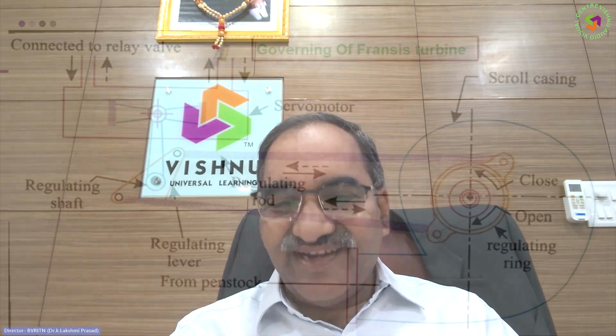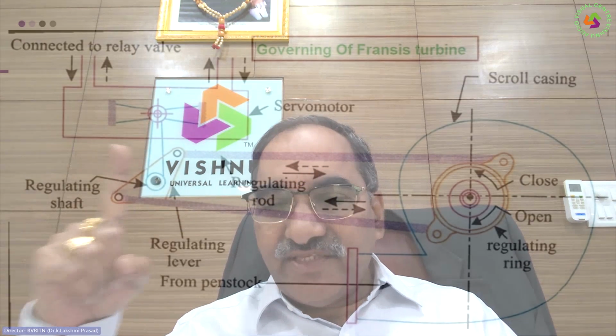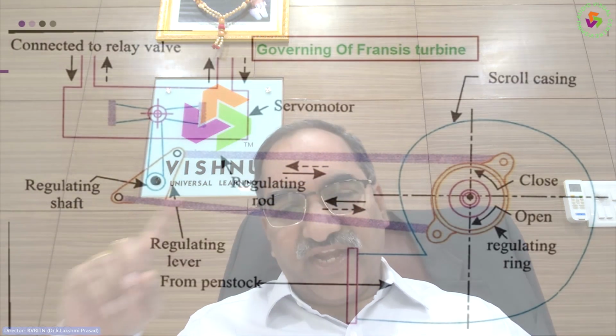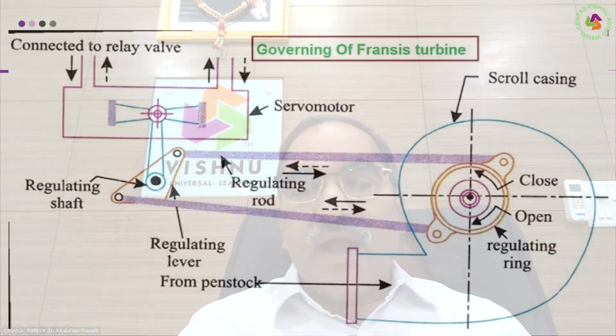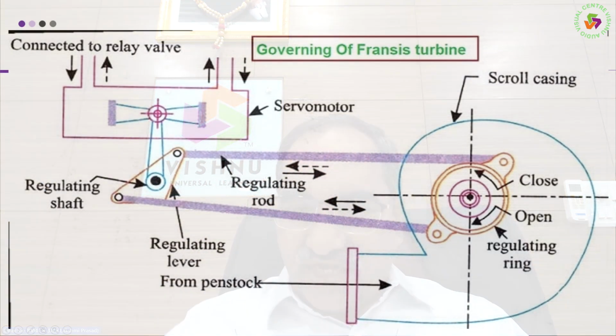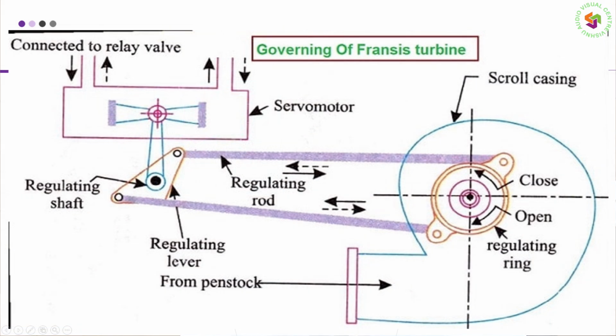We know that this generator is coupled to a turbine. When this generator starts rotating at a higher speed than the normal speed, automatically, as it is connected to the same shaft, the turbine also starts rotating at a higher speed.